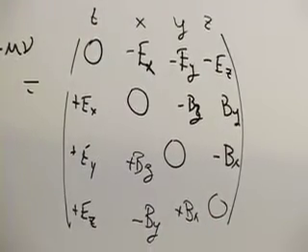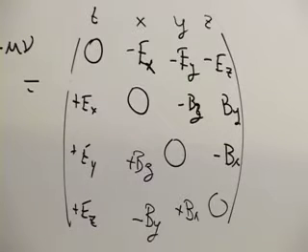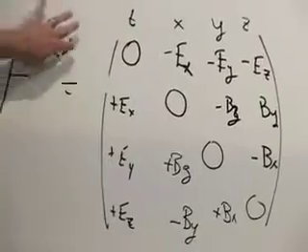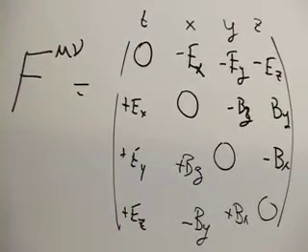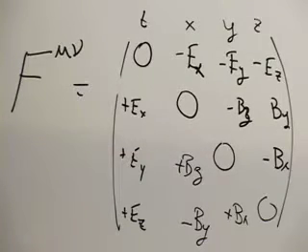This is the electromagnetic field tensor. It transforms under Lorentz transformations as an antisymmetric tensor. I showed you how to do that last time, and there's nothing new about it for the moment.